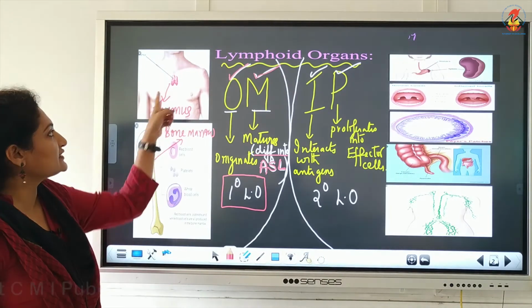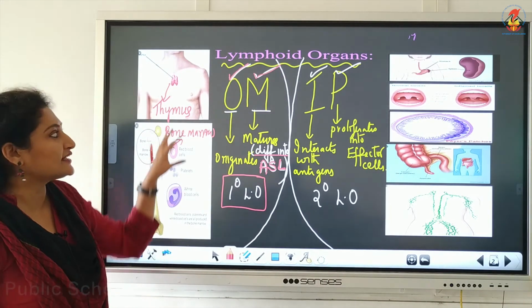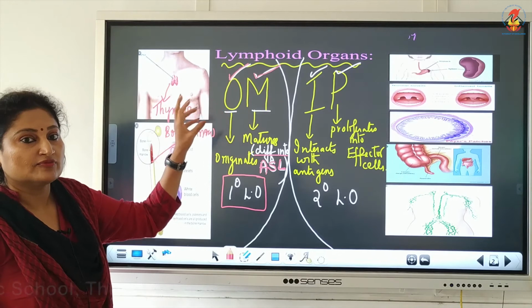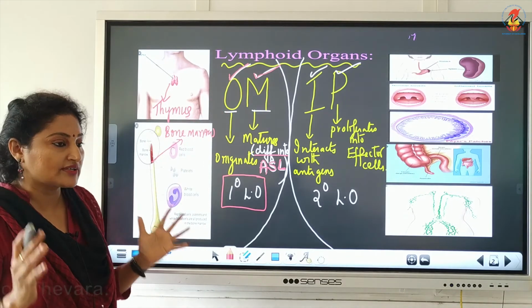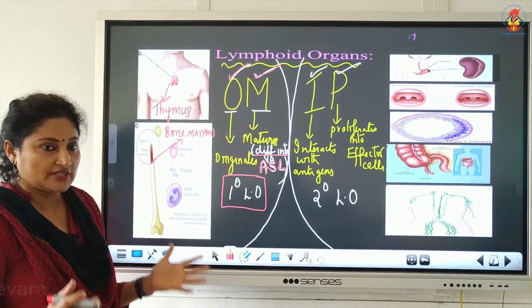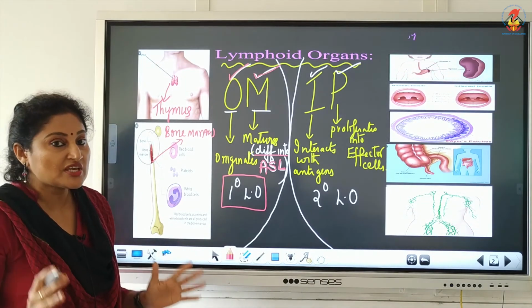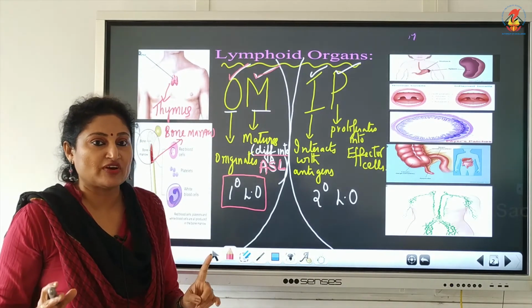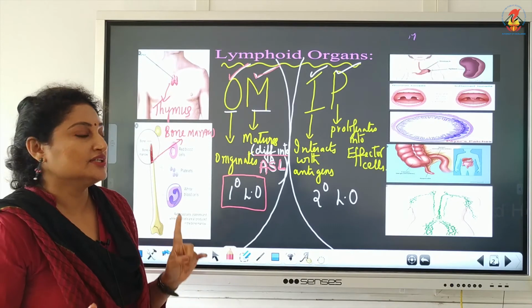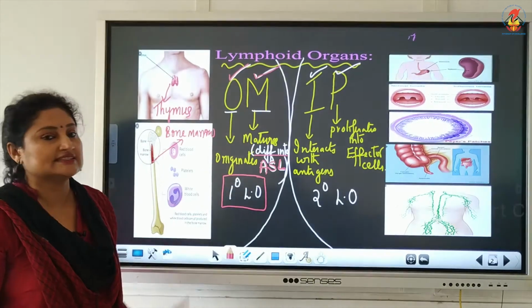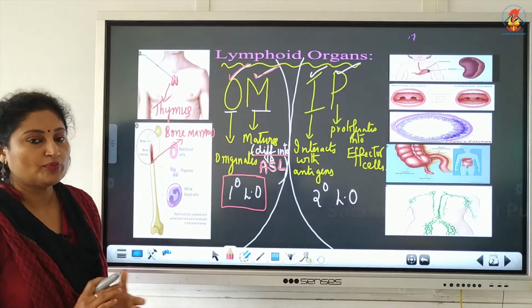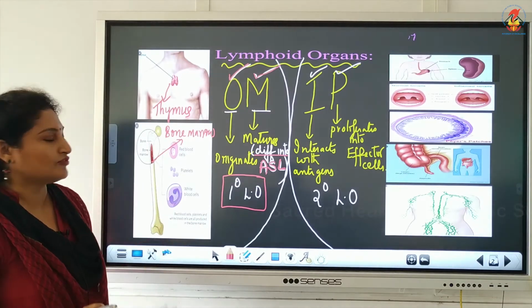Clear? So, these are the primary lymphoid organs, and you know the function. These are the organs where the lymphocytes originate and mature. And when you are saying maturation, please specify what is the maturation here. Differentiating into antigen sensitive lymphocytes. I hope you are clear with primary lymphoid organs.